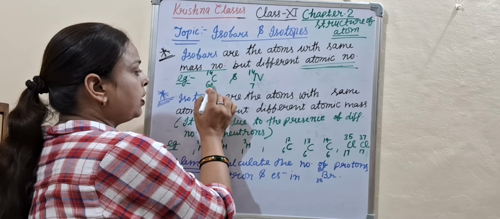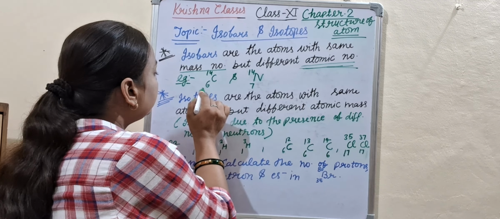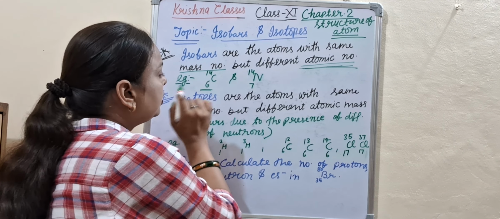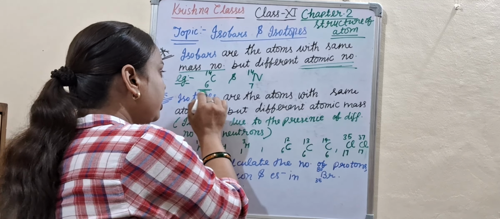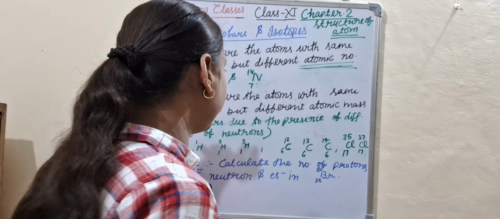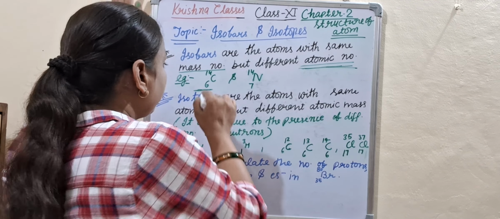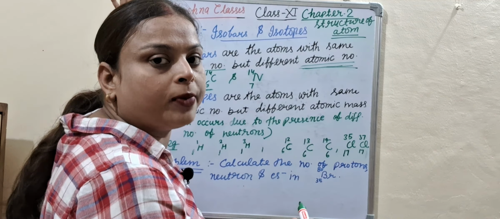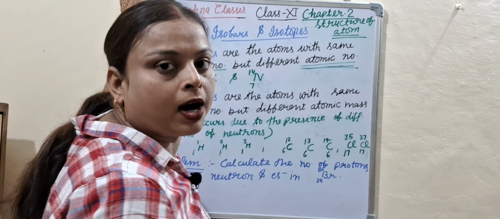Example, 6 carbon 14. Below any atom, suppose any atom XYZ, the number written below is the atomic number, and the number written above is the mass number.